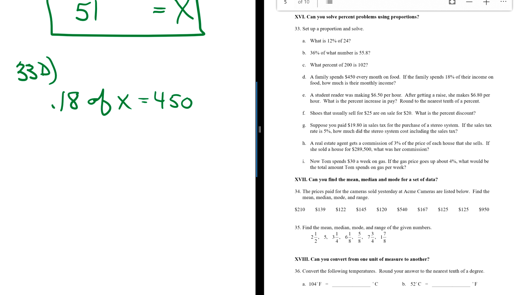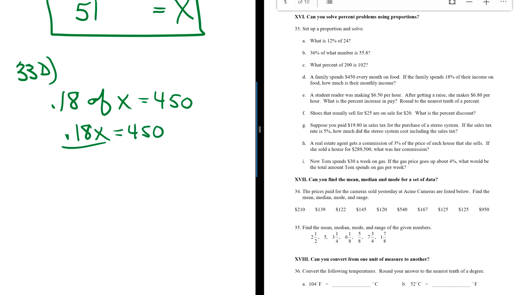A family spends $450 every month on food. If the family spends 18% of their income on food, how much is their monthly income? All right, so it's 18% of what? Equals 450. So this is merely 0.18 times x equals 450.